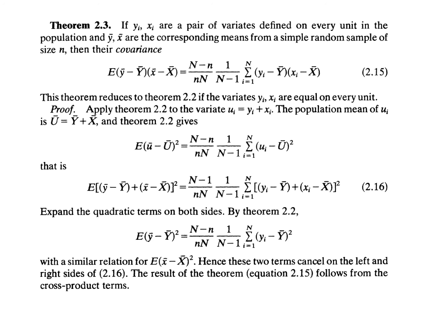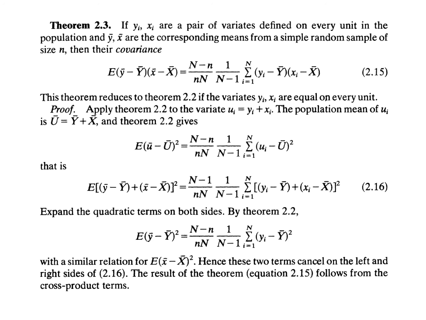Let's take the proof of the theorem. Applying theorem 2.2, let ui equal yi plus xi. The population mean of ui is U bar equal to Y bar plus X bar. So we can substitute in theorem 2.2 and get the expectation of (u bar minus U bar) squared, equal according to 2.2 to this form.